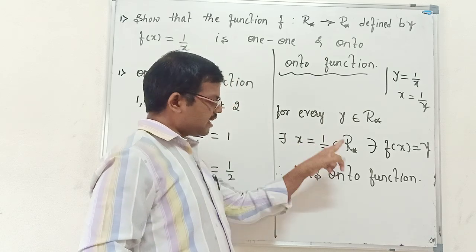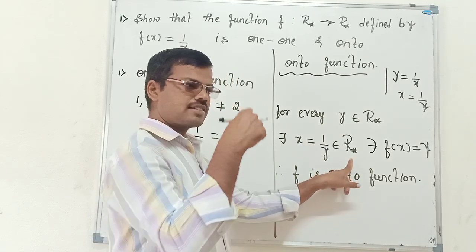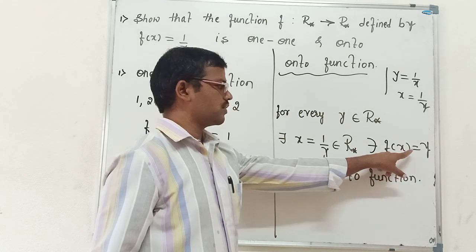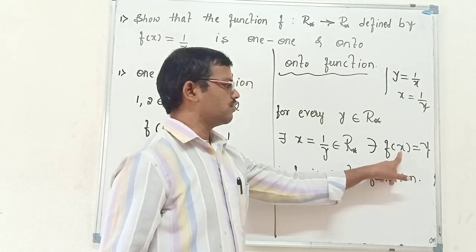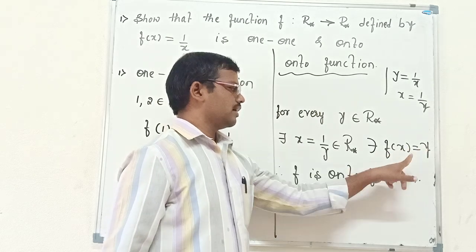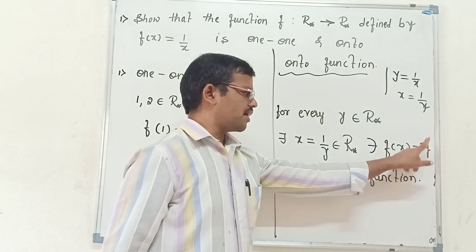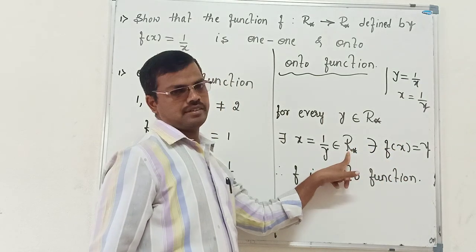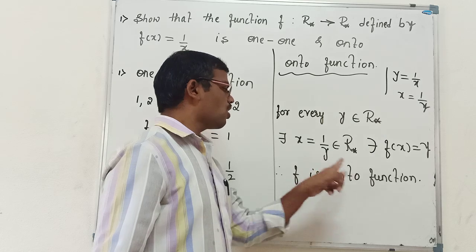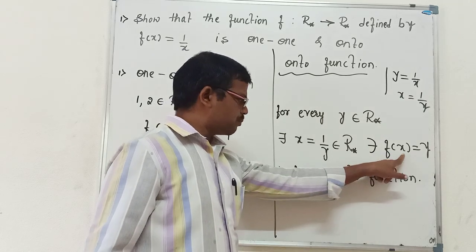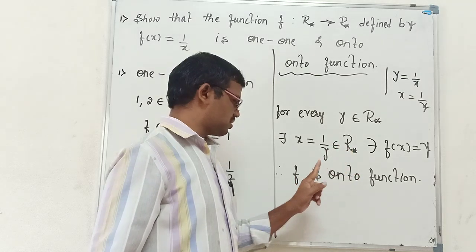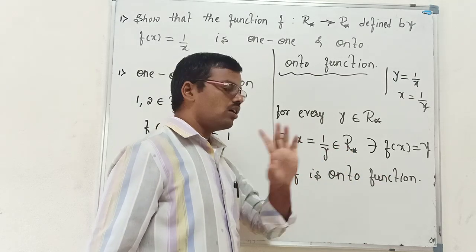If it is not there, then it is not an onto function. Suppose x is there in the domain, and f of x equals y. X is a pre-image of y, but that pre-image should be there in the domain. Then we say it is an onto function. If that pre-image is not there in the domain of the function, then it is not called an onto function.